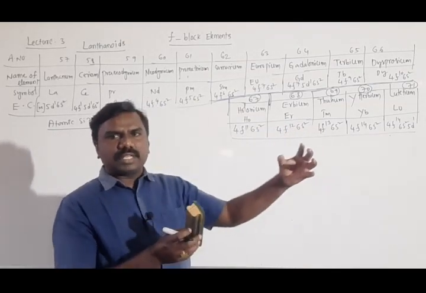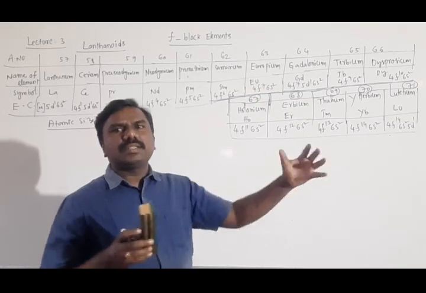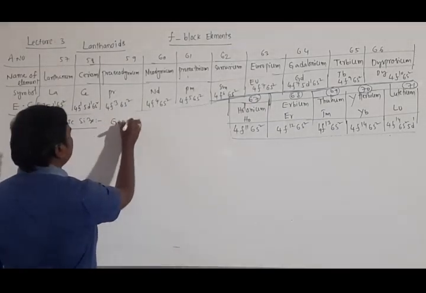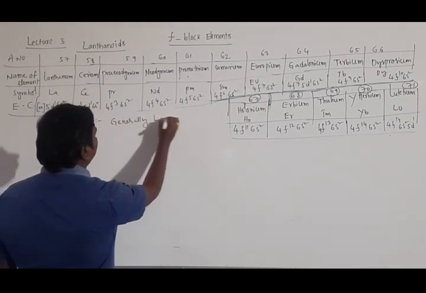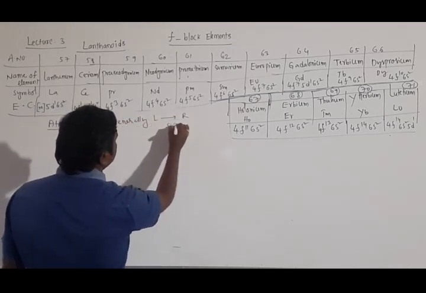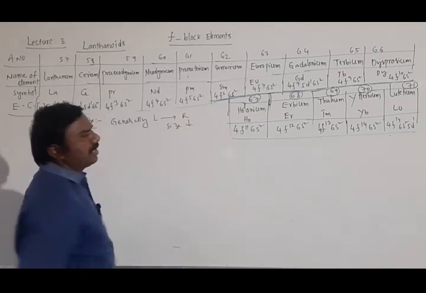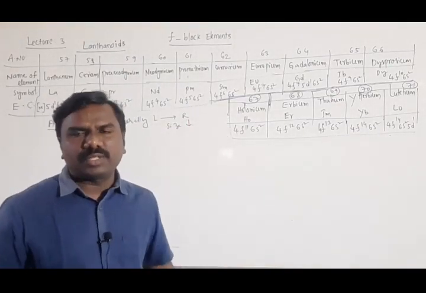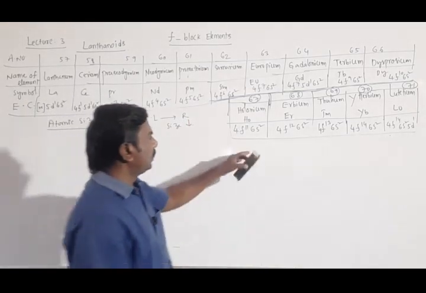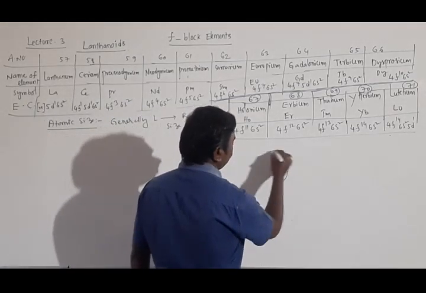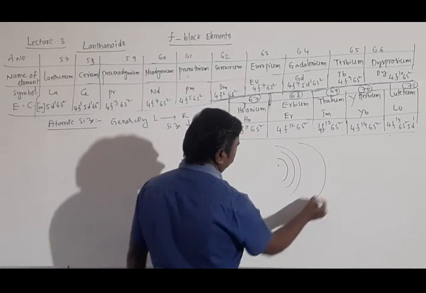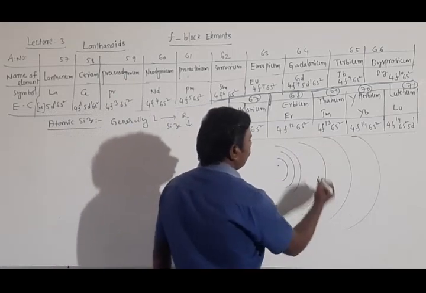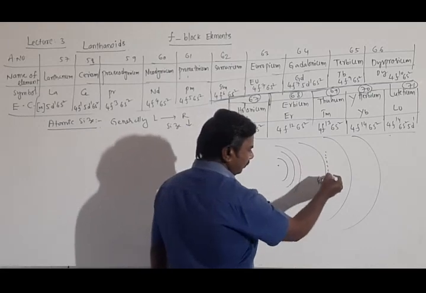That's why all electrons are attracted towards the nucleus, size decreases. The decrease in size is quite small, very small, because these are 4f electrons, 1, 2, 3, 4, 5 and 6. 4f forms a weak screen.